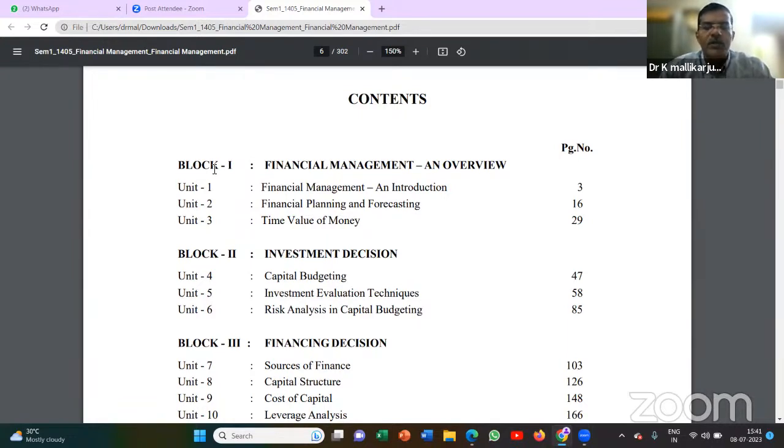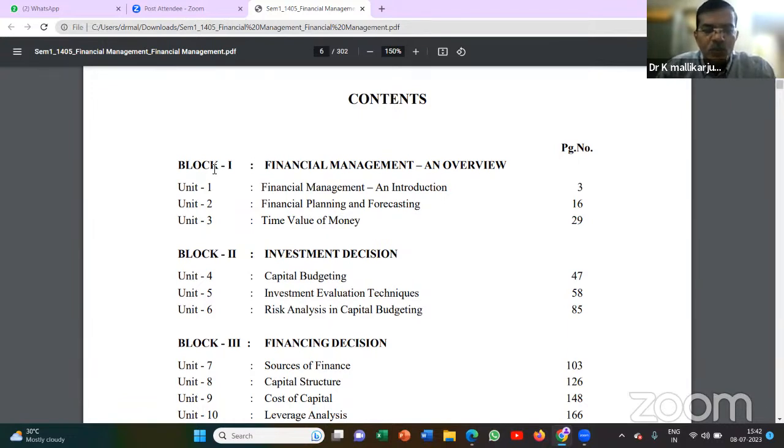Coming to the second block, investment decisions. We will discuss capital budgeting, the techniques of evaluating capital budgets, and risk analysis in capital budgeting. Every firm requires investment decisions.